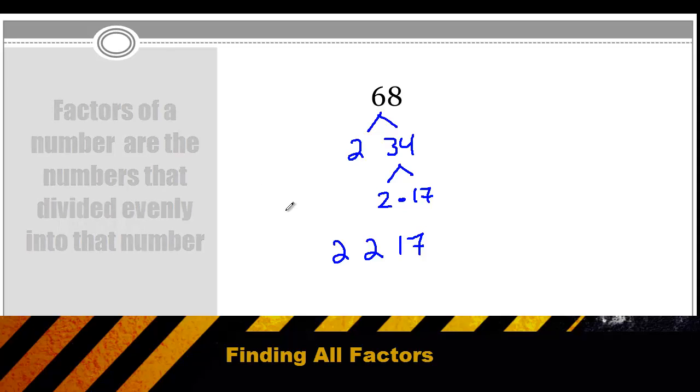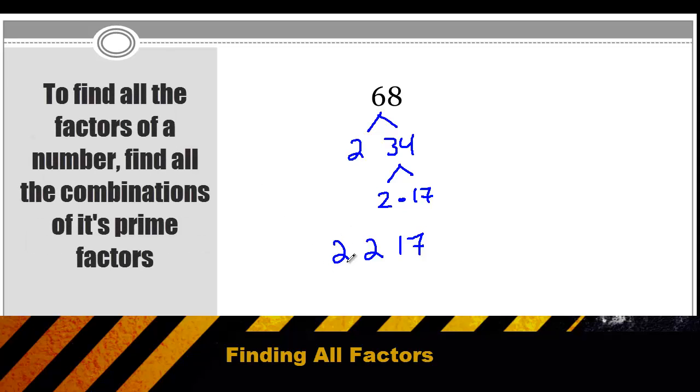So to find all of my factors, I can simply take my prime factors and mix and match them as I multiply them together. So I could take 2 just by itself, and that's a factor, or I could take the 2 and multiply it by another 2, that gives me a 4, so that's a factor, or I could take a 2 and multiply it by a 17, which gives me 34.